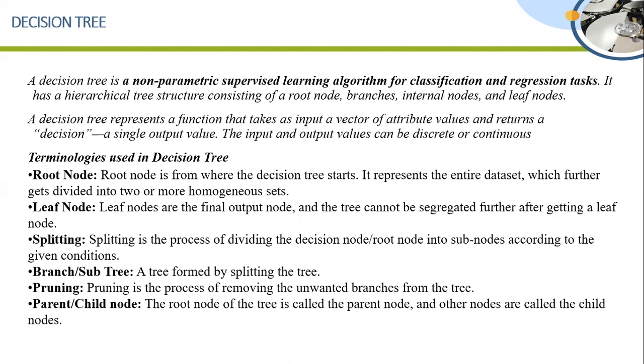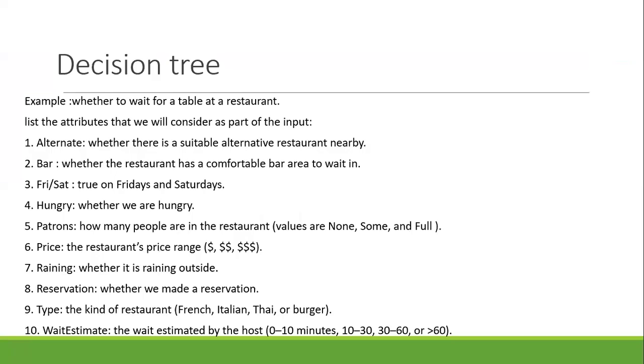The root node of the tree is called the parent node, and the other nodes are called child nodes. Nodes belonging to the same parent are called sibling nodes, and the leaf node is the final output, the last node in the tree.